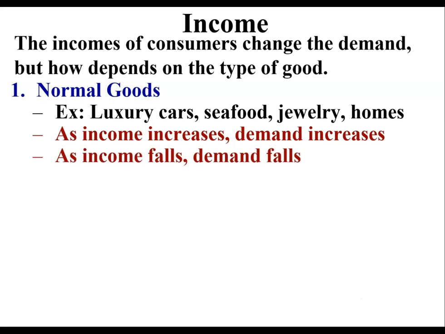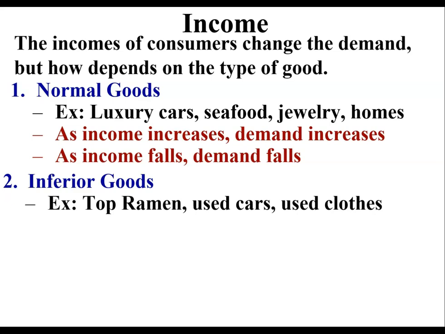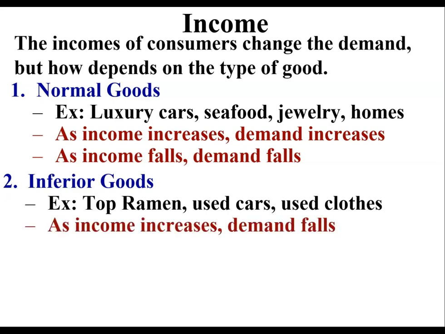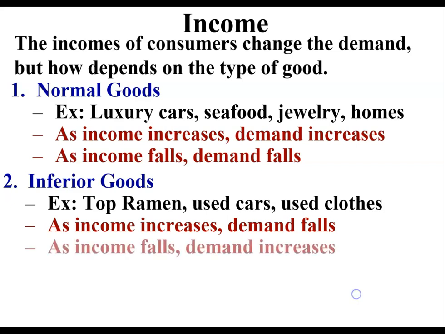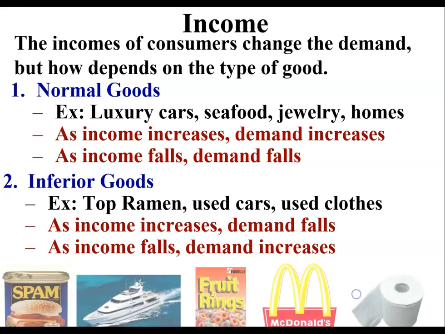As your income falls, the demand falls. Inferior goods, an example would be ramen noodles, used cars, used clothes. As your income goes up, the demand for an inferior good is going to fall. As your income falls, the demand is going to increase.